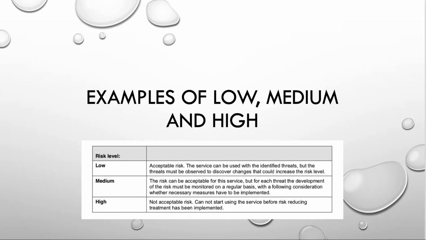And then of course medium is in between low and high. So there could be possible negative news which is over 6 months old. They might have a court case recently that is ongoing, but they're not a PEP. So it's about looking at all the examples of sanction hits and adverse news, whether it's a PEP or related to a PEP, and how much income and turnover they have.